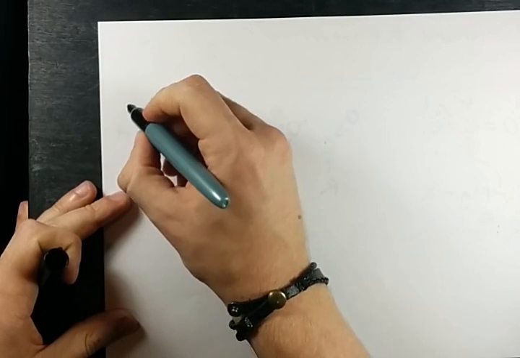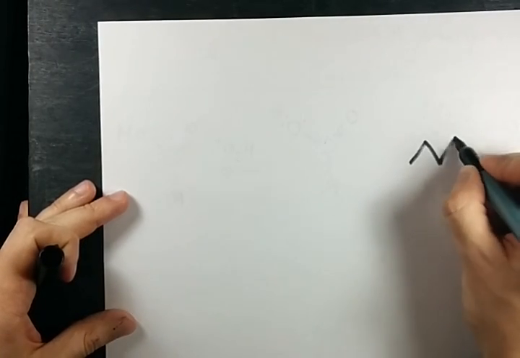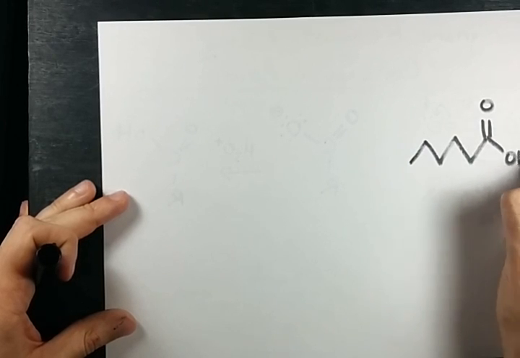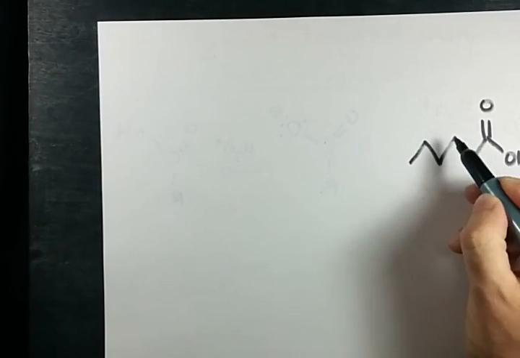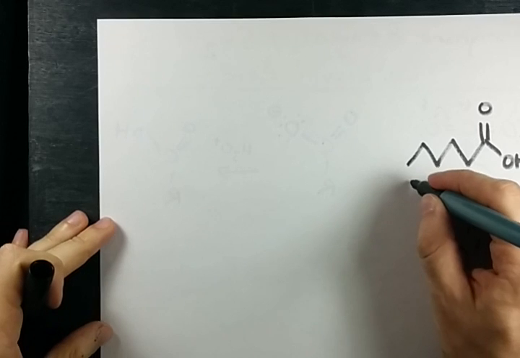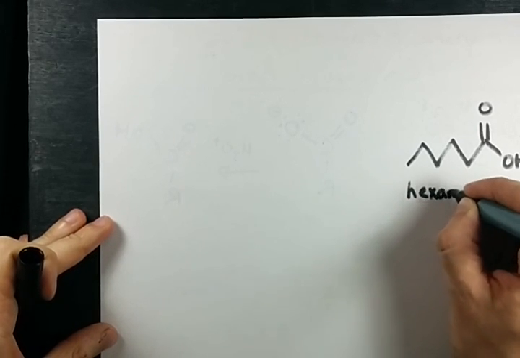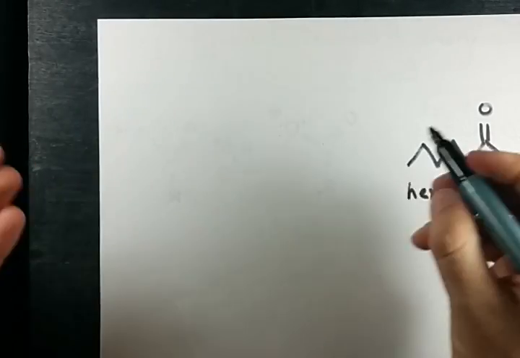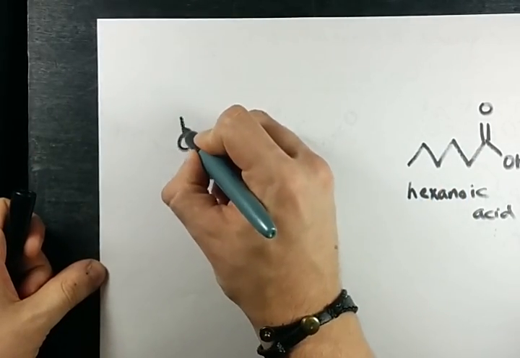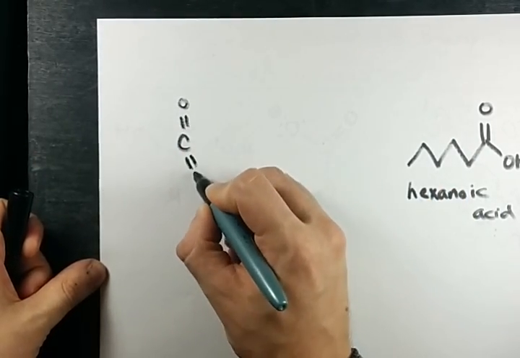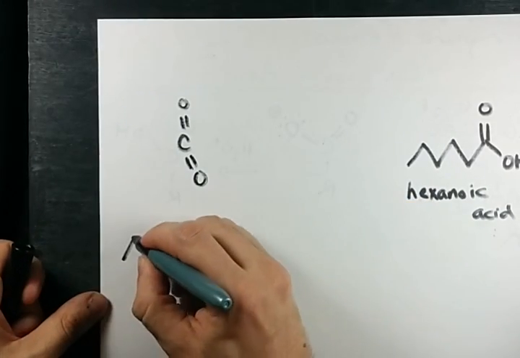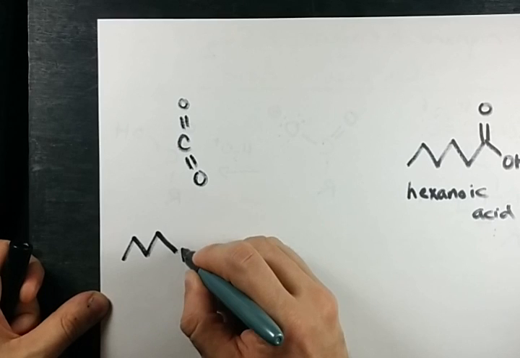Let's say we want to create this acid. It is 1, 2, 3, 4, 5, 6 carbons long. You would end up calling it hexanoic acid. Well, you would do that by reacting carbon dioxide, aka dry ice, with a 5-carbon Grignard reagent.